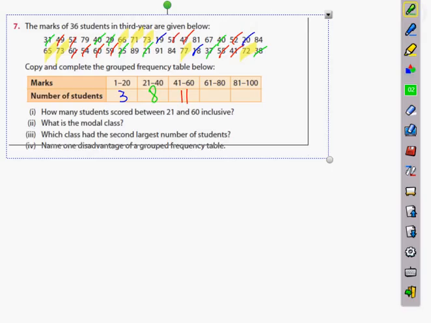Where is it? 4. Okay. 1, 2, 3, 4, 5, 6, 7, 8. Now you see why I use different colours, don't you? Yeah, you said 67 as well. Where's 67? Yeah. 9. Okay.